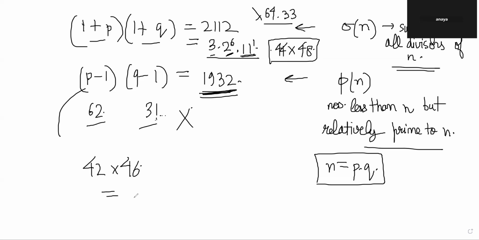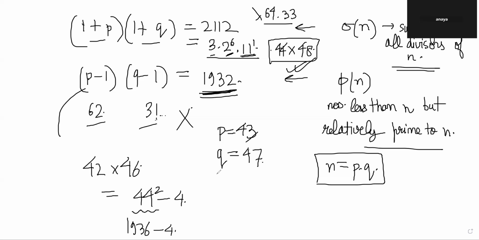So that would be 44 square minus 4. 44 square is basically 1600 plus 16 plus 320. Okay, so that is 1936 minus 4. So that fits, correct? So p and q values are coming. p is 43 and q is 47. We have done it by simple prime factorization and checking.